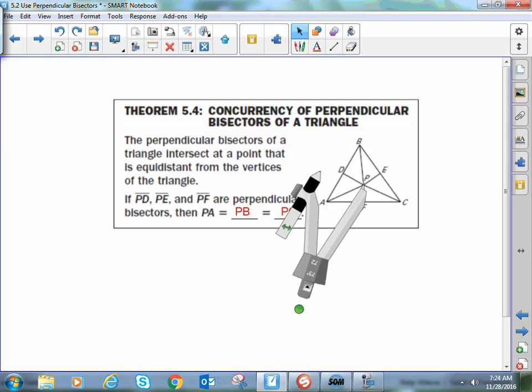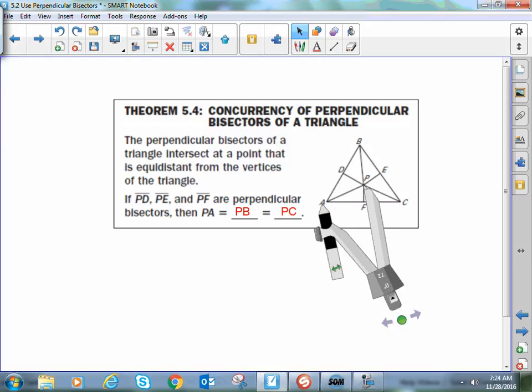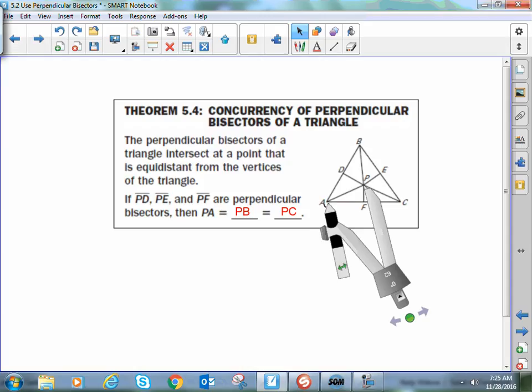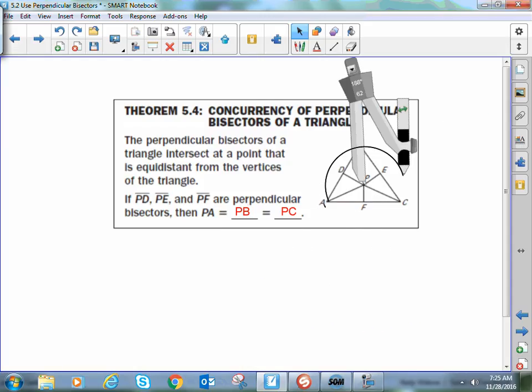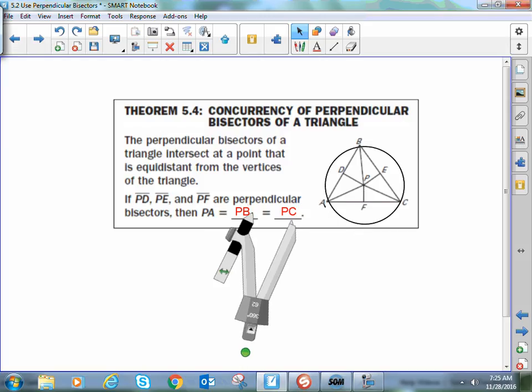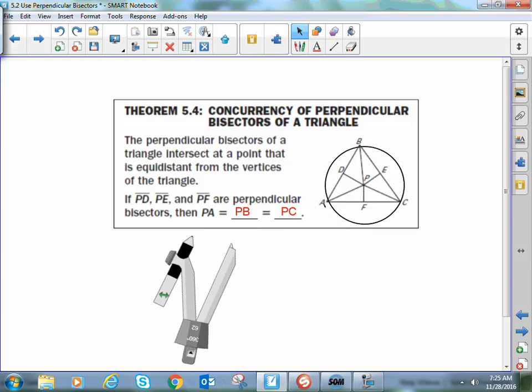Give myself a point here, and now we're at, nope, close, close. This is so much easier to do on paper. But there we go, that's not too bad. So the point of concurrency of a triangle with a circumscribed circle shows that point P is the center of the circle, and that means PA, PB, and PC, because essentially they're all the radius of the same circle, are equal to each other.